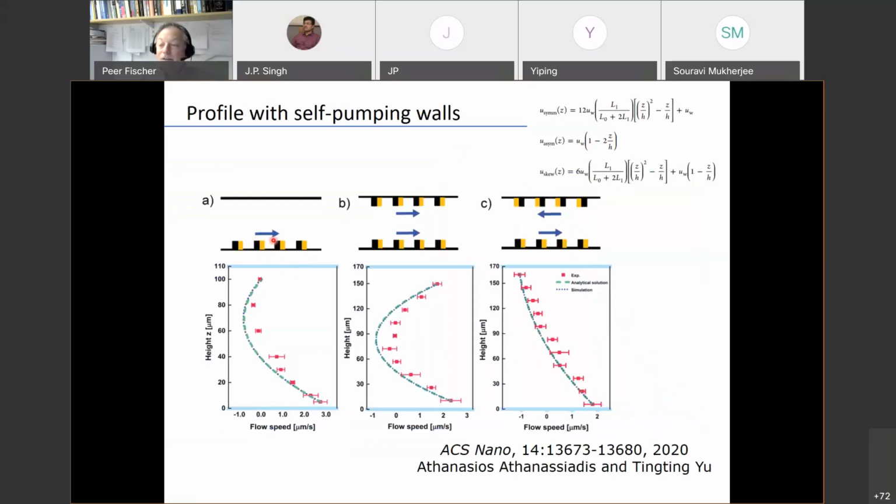And similarly, you can try other things. You can have one surface active or both active in the same way, then we get an inverted flow profile, or we have them opposing and we have this engineered flow profile. So by tuning this, it gives a new possibility, and that is to make self-pumping walls, and they can be very easily generated because all of the steps are parallel fast steps, namely shadow growth and photolithography, and so this can be done on a large scale very, very quickly.